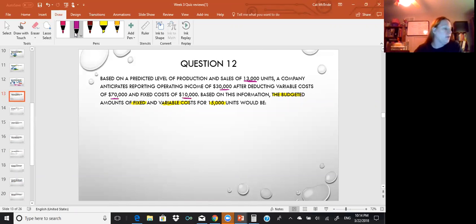So the first thing that we have to do is figure out what our fixed overhead per unit is, because we have fixed and variable. We have to convert everything to units, or we can't make the jump from 13,000 units to 15,000 units. So if our fixed overhead is $10,000, how many units was that for?